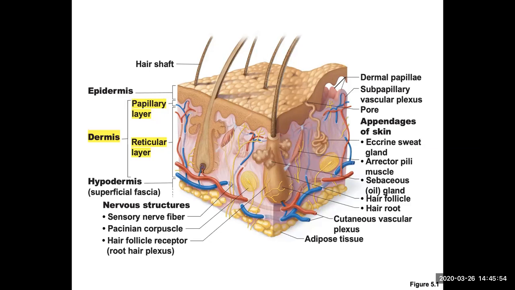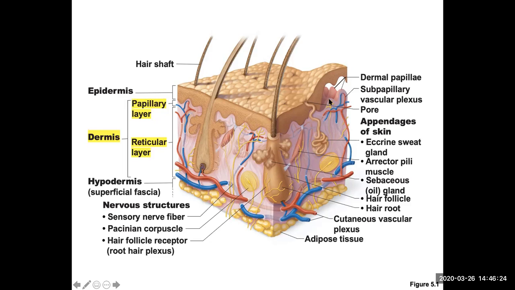All of those stratum basale cells that need those nutrients to divide to produce more skin or heal your skin, dropping off that oxygen, becoming deoxygenated blood, indicated by this blue color here, and traveling all the way back to the heart to be reoxygenated again.